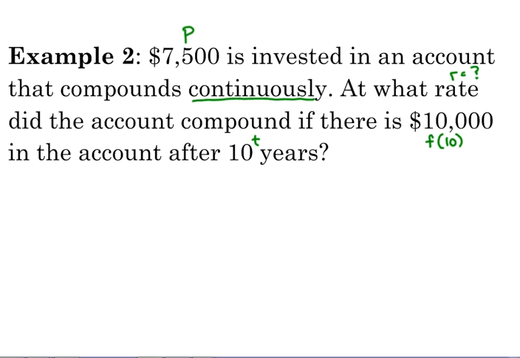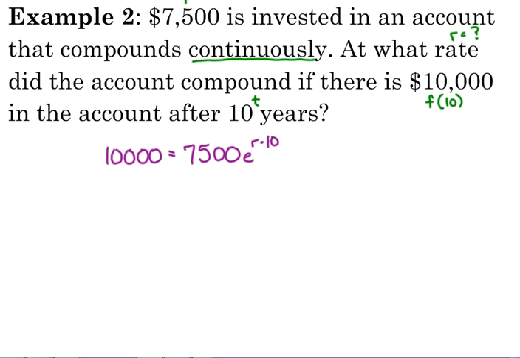So if there is $10,000 in the account after those 10 years, our initial investment was $7,500, e to the R, we don't know R, times T, 10.